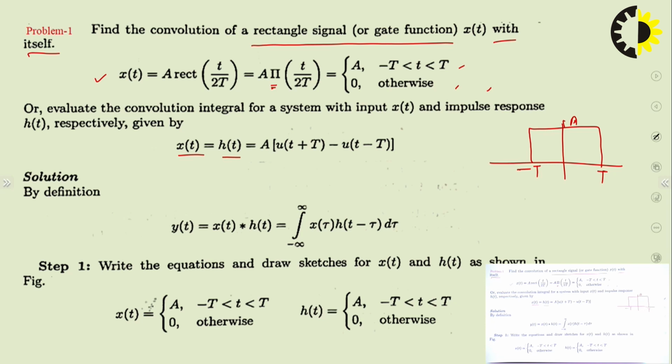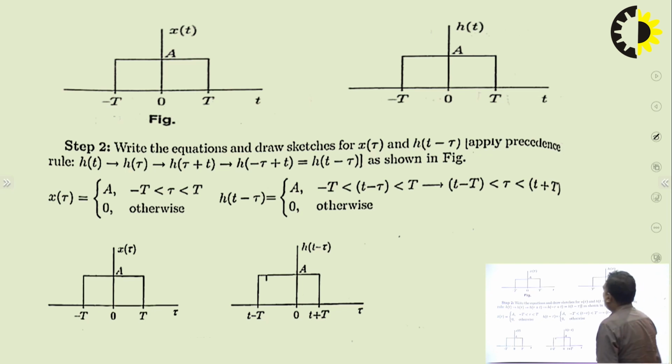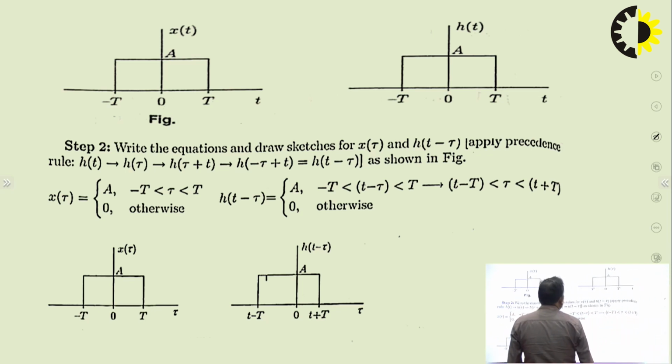So the convolution integral is defined as y(t) equals x(t) convolution h(t), and the definition is the integral from minus infinity to infinity of x(tau) into h(t minus tau) d tau. So how will we solve this particular type of question? Let us see step by step. First of all, we will draw the waveforms for signals x(t) and h(t).